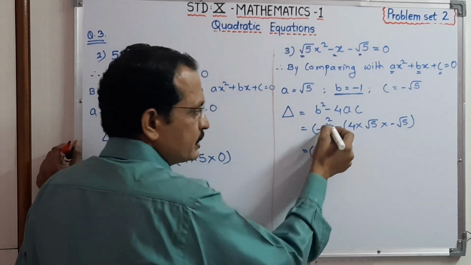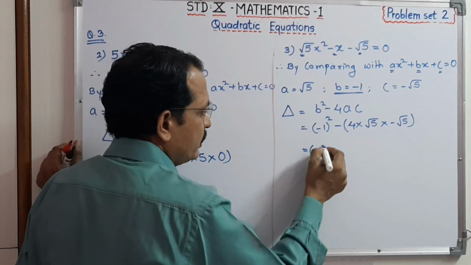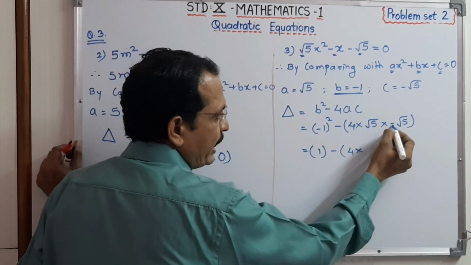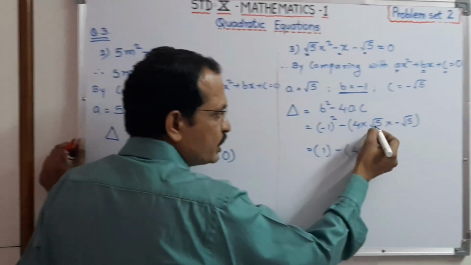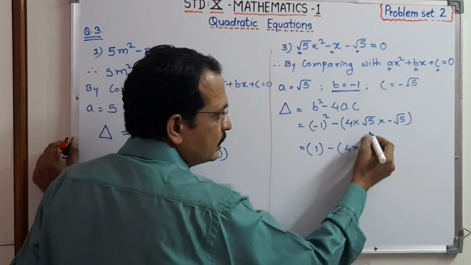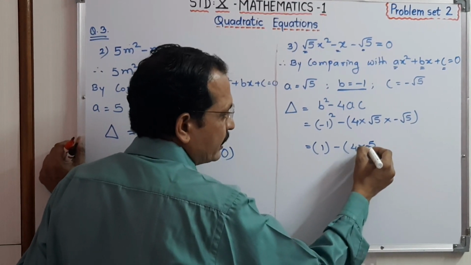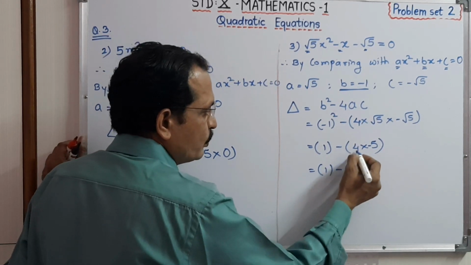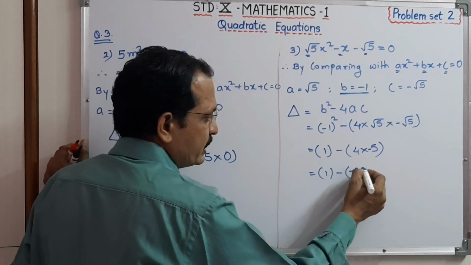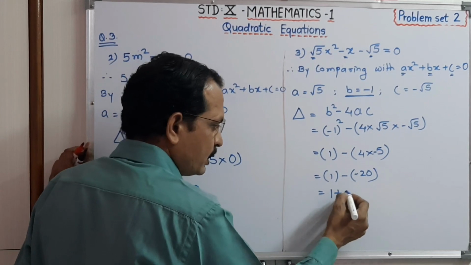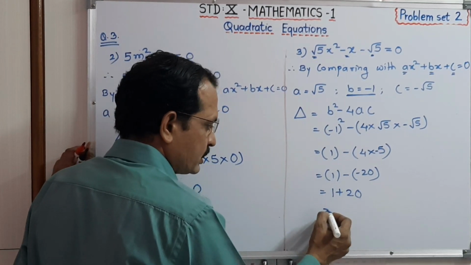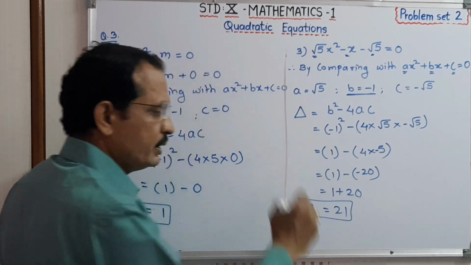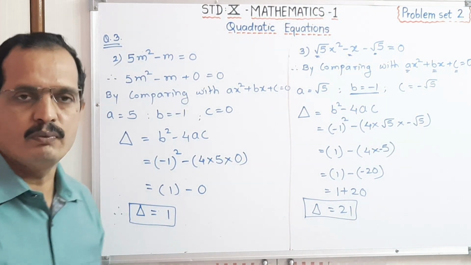Student, minus 1 square is 1, minus 4 into minus root 5 and root 5, that is 5 minus 5. Now 1 minus 4 into minus 5 is minus 20. Then it is 1 plus 20, as minus minus becomes plus, and therefore it is 21. Therefore the value of delta is equal to 21.